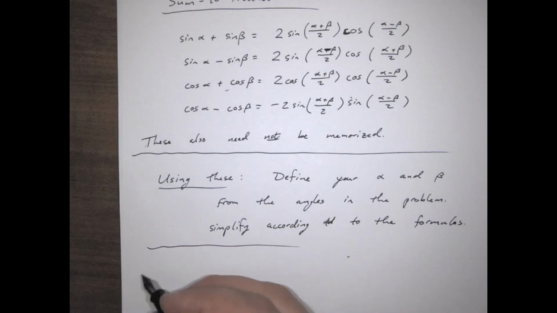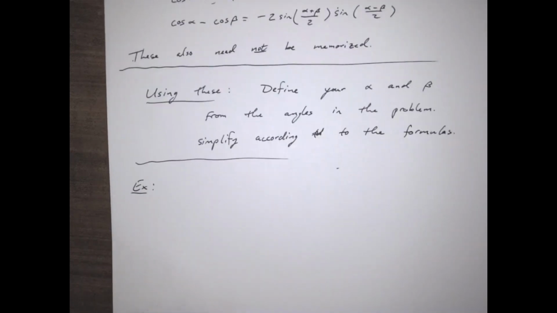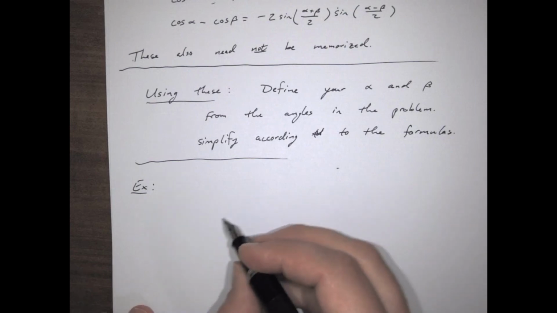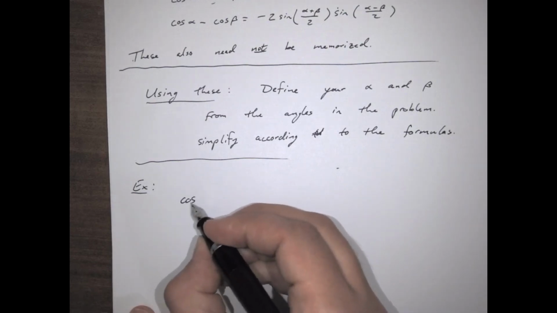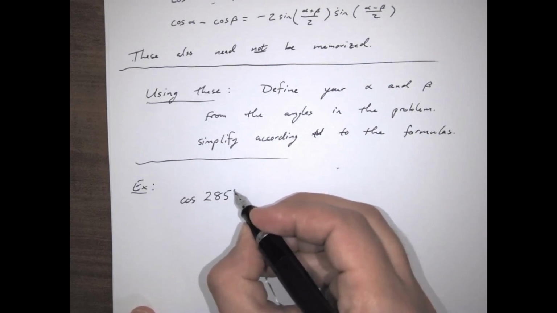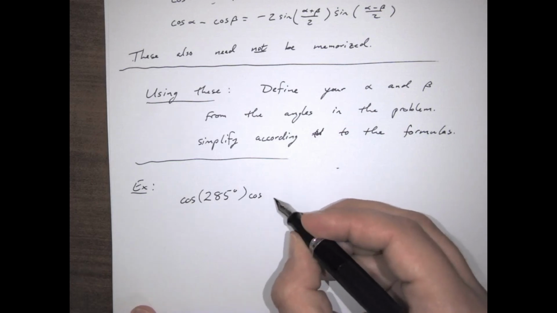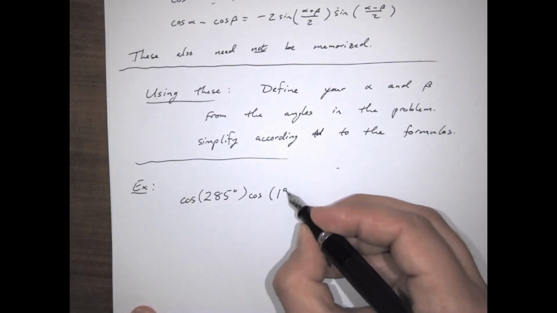Alright, so let's just try something like this. So the way these kinds of problems look is like this. So we have maybe cosine 285 degrees times cosine of 195 degrees.